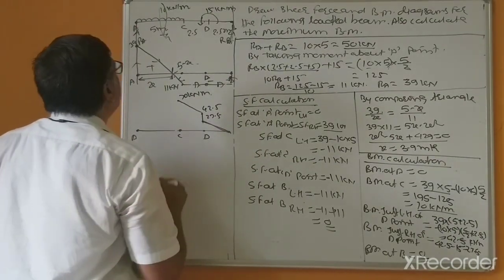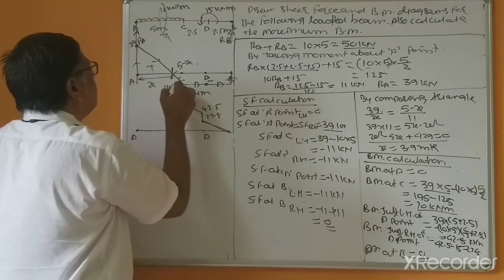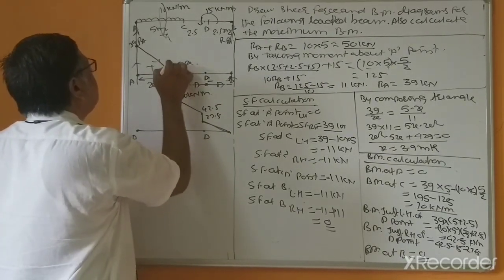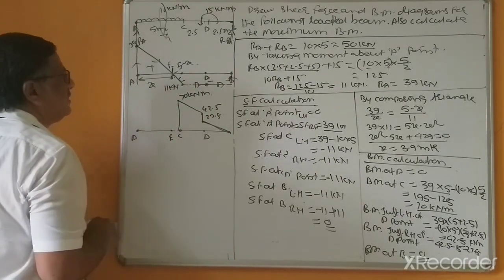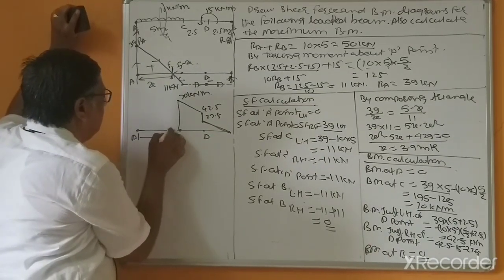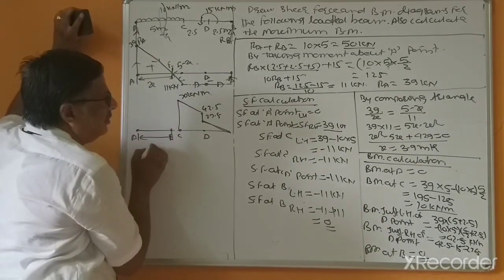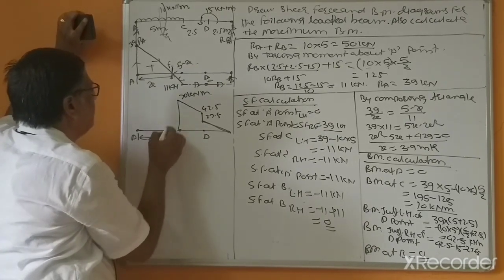Now here the shear force changes its sign. Suppose this is E point. At E point you will get the maximum bending moment, and this distance equals 3.9 meters.